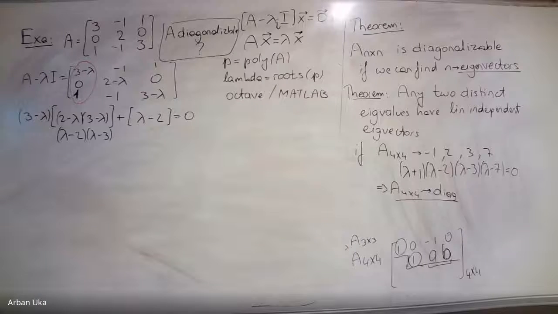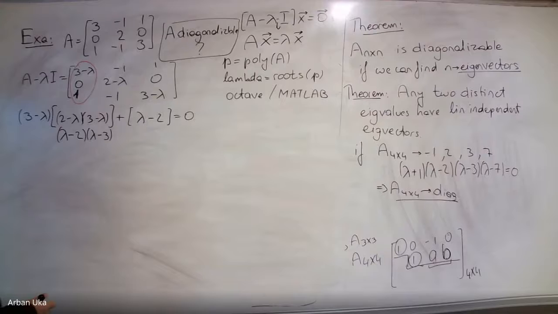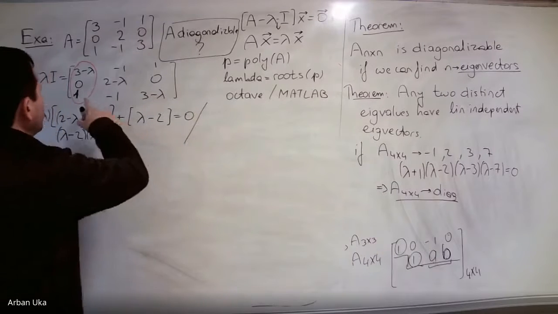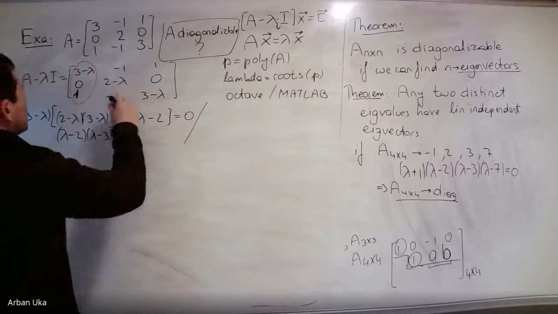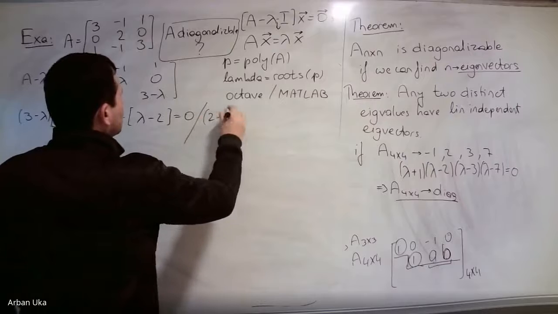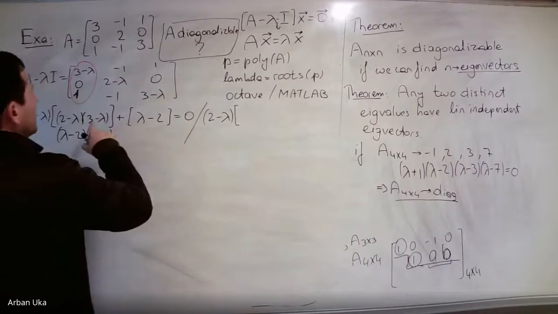Is it easier to expand the second row? Say it again, how can we expand it? For the second row. Oh yeah, that's perfect. That's better. You are right. So if you do it, yes, we missed this one. It makes it easier. Plus minus plus, this is 2 minus lambda, that is correct. Multiplying 3 minus lambda times 3 minus lambda.